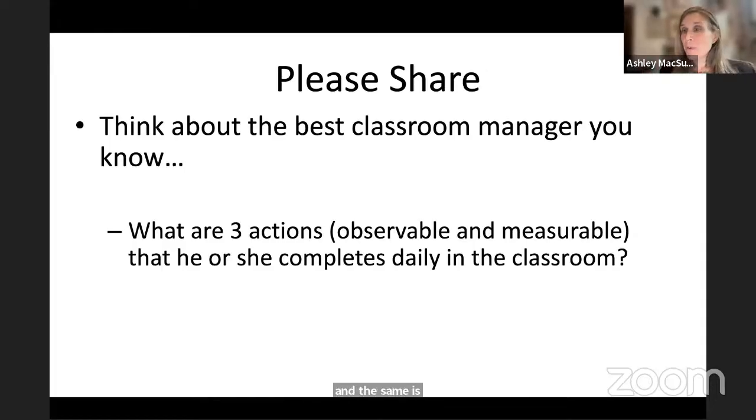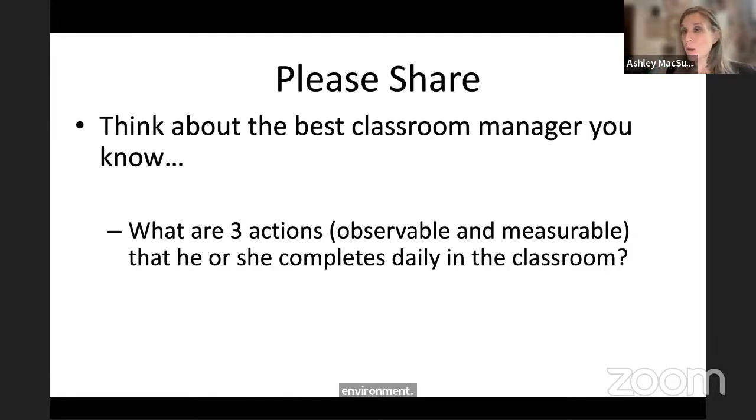What is great about everyone in this room is that you were able to do this. You were able to think about that person, think about your interactions, think about what you've observed, and identify those things explicitly. What I'm going to tell you about a teacher who's struggling is that they can't do this. If they're struggling to manage their classroom and you were to say to them, what is someone else doing really well?